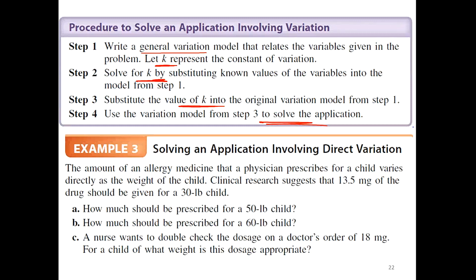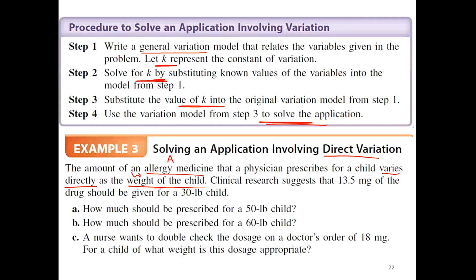Now, look at this example about direct variation. The amount of allergy medicine that a physician prescribes for a child varies directly with the weight of the child. So we have A, the allergy medicine, and W, the weight.